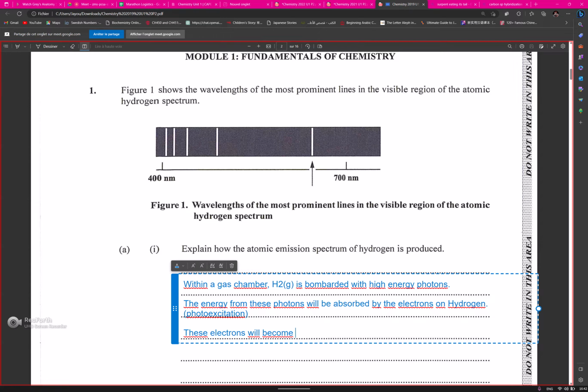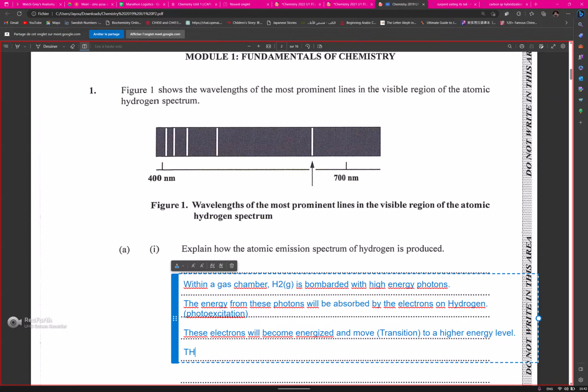Some of the words may be wrong, let me fix these. Electrons will become energized and move, or transition, to a higher energy level.